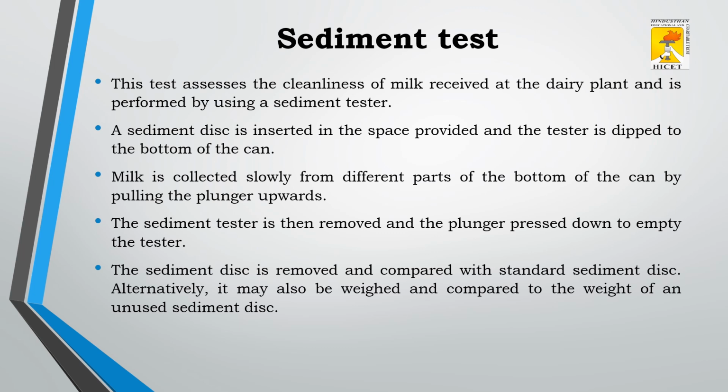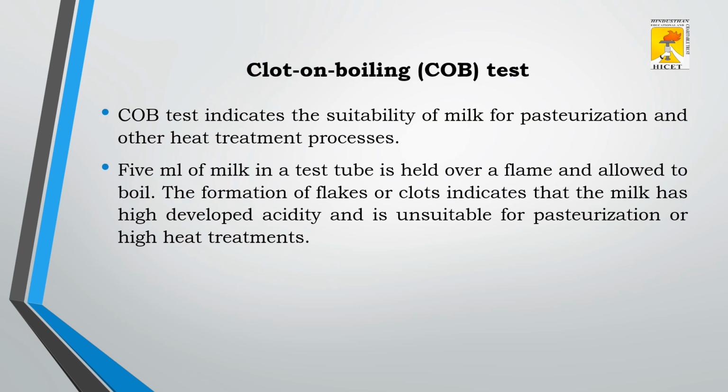We check whether any solid particles are deposited at the bottom of the cans or other vessels used for the transportation of the milk. If it contains any darkish or solid particles, the sedimentation gives a positive test, and it gives a negative test if it is a pure liquid.